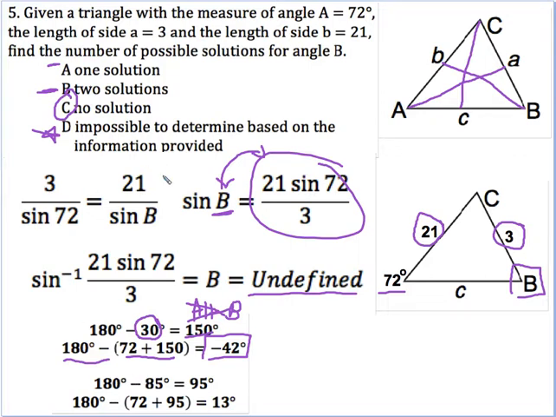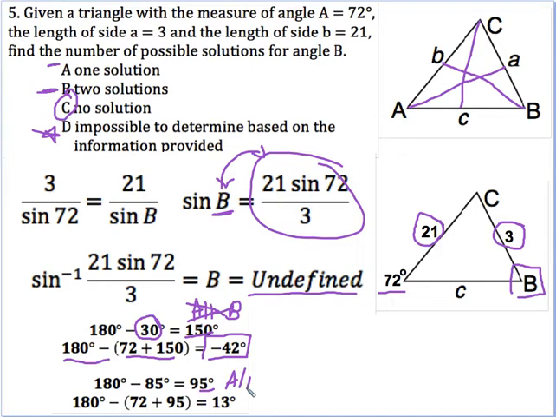But let's say you did all this math and you got the number 85. Well, to check to see if another possible option is available, you do 180 minus 85, you get 95 for the alternative.